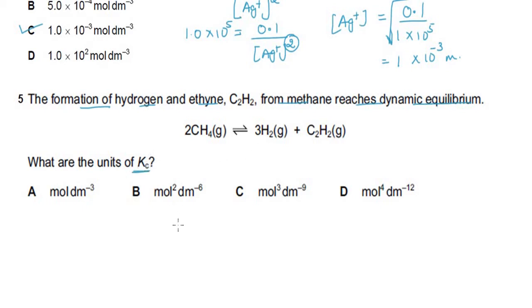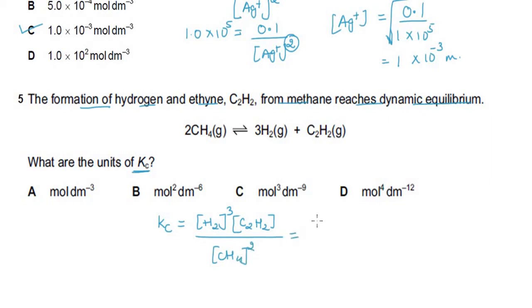Okay, to find out the units of Kc, first let's write the Kc expression, which is product on the top, that is hydrogen raised to the power of 3 into the concentration of ethane with no power, divided by the concentration of methane raised to the power of 2.